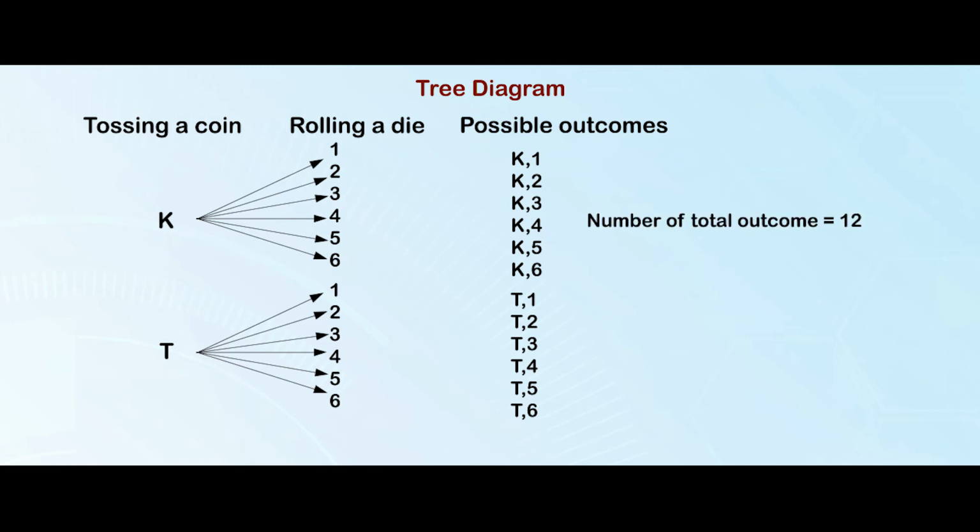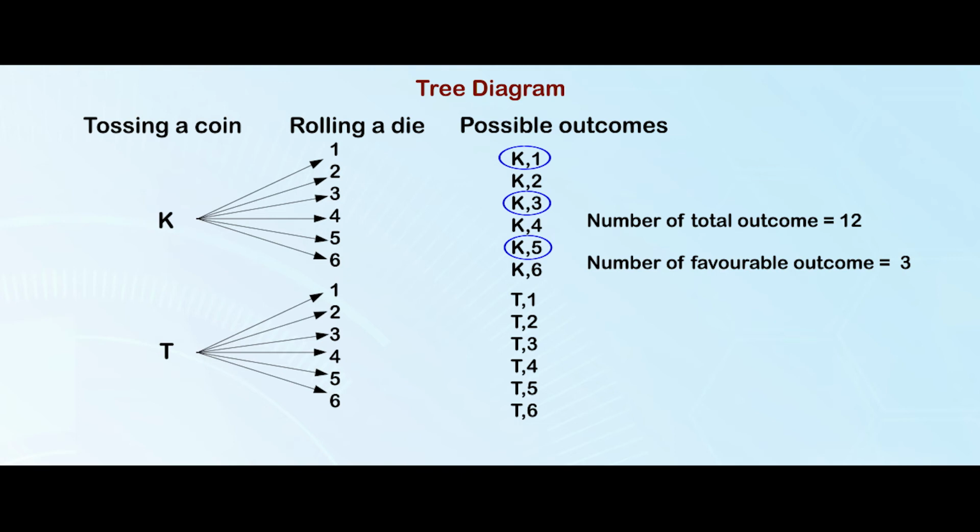Here, the number of total outcomes is 12, out of which 3 are favorable outcomes. The favorable outcome is getting a kholo from tossing a coin and rolling an odd number from a die, which are kholo and 1, kholo and 3, and kholo and 5. So the number of favorable outcomes here is 3.